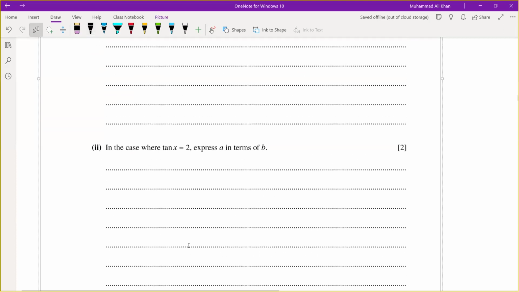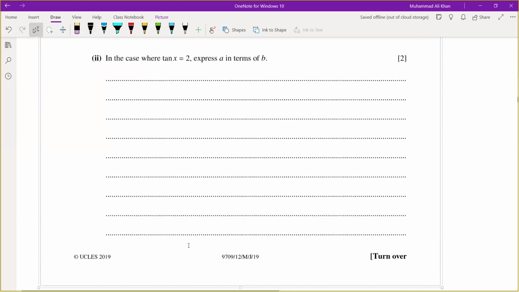And after that, what we have in the next part, in case where tan x equals to 2, express a in terms of b. Tan x equals to 2 means sin x over cos x equals to 2. And what is sin x given in the question? It is a plus b. And what is cos x given in the question? A minus b equals to 2.